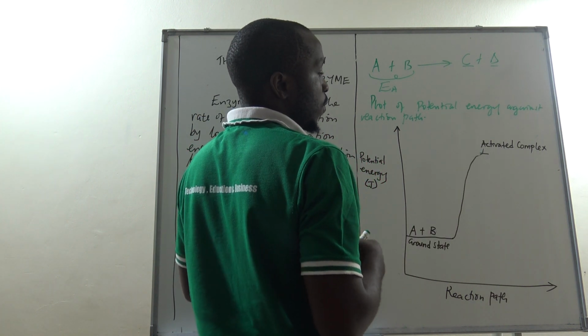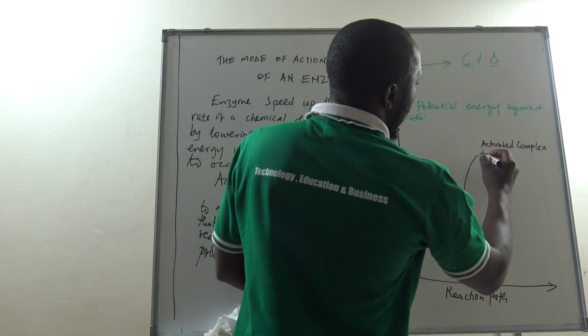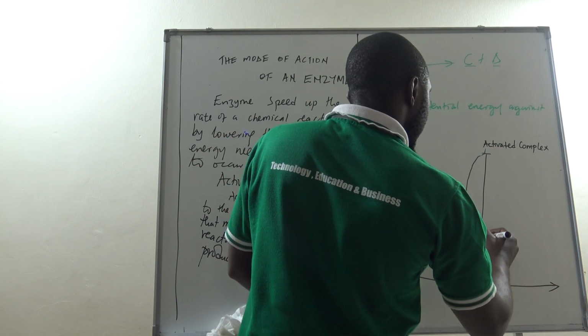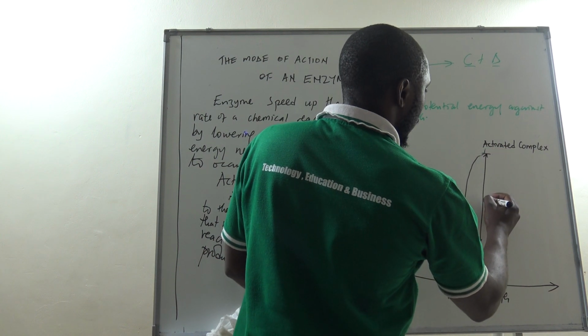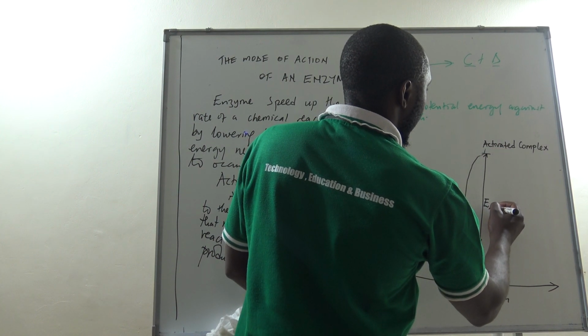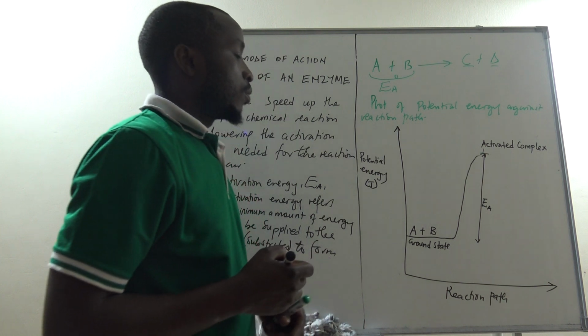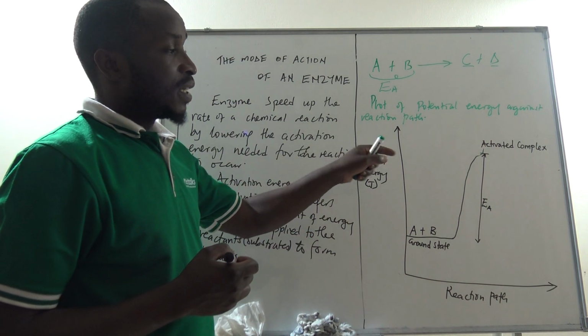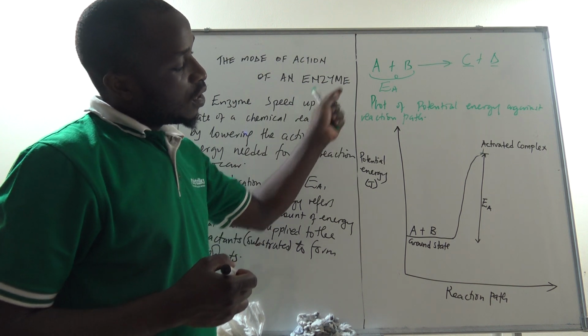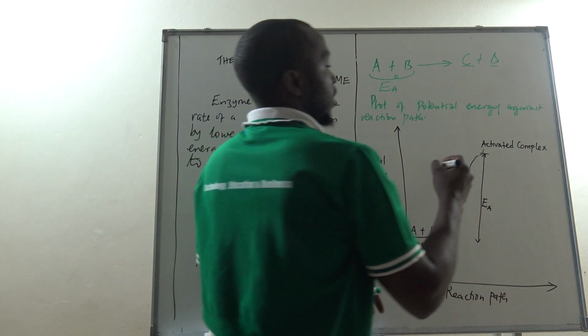This activated complex is the one that absorbed this amount of energy, which we are calling EA, to form the activated complex. An activated complex is the one which is ready to form now the products.